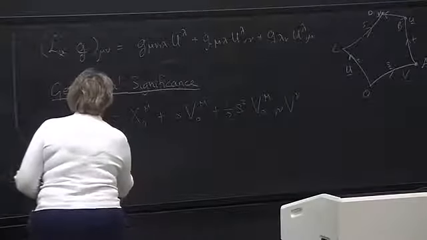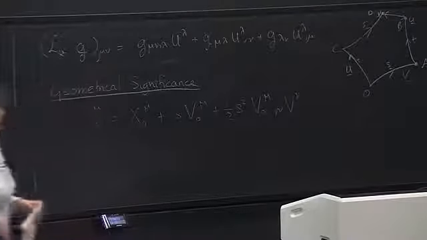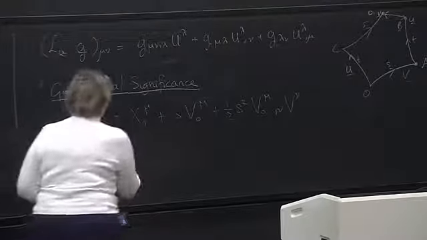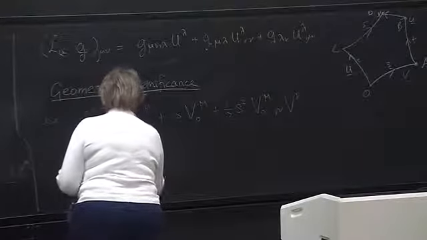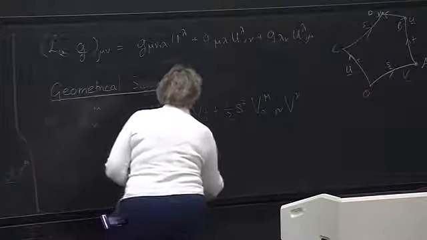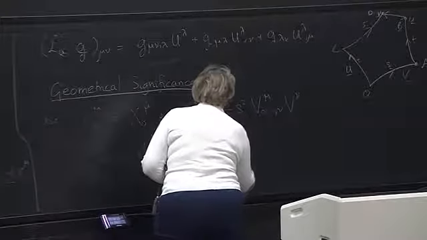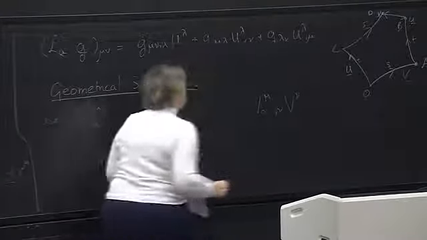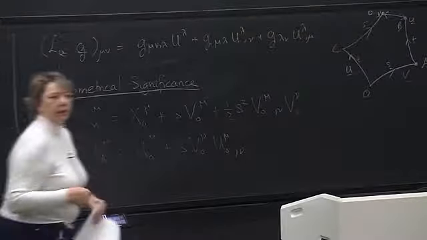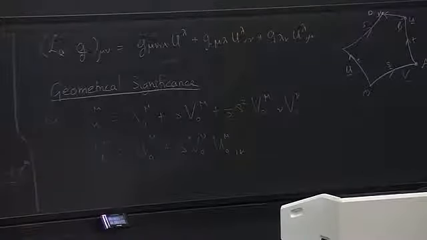I also need to recall how to transport my vectors from one point to the other. When I put a subscript on my vectors, it's emphasizing that they're living in the tangent space at the point 0.